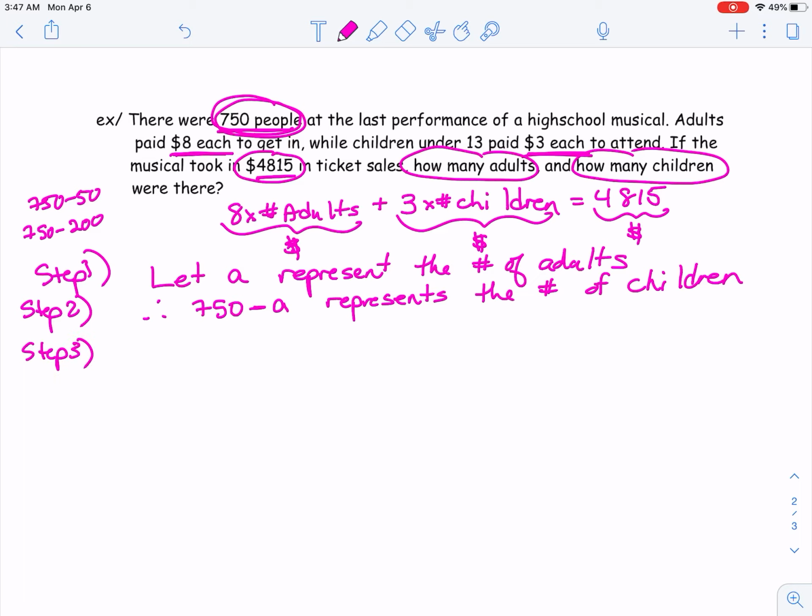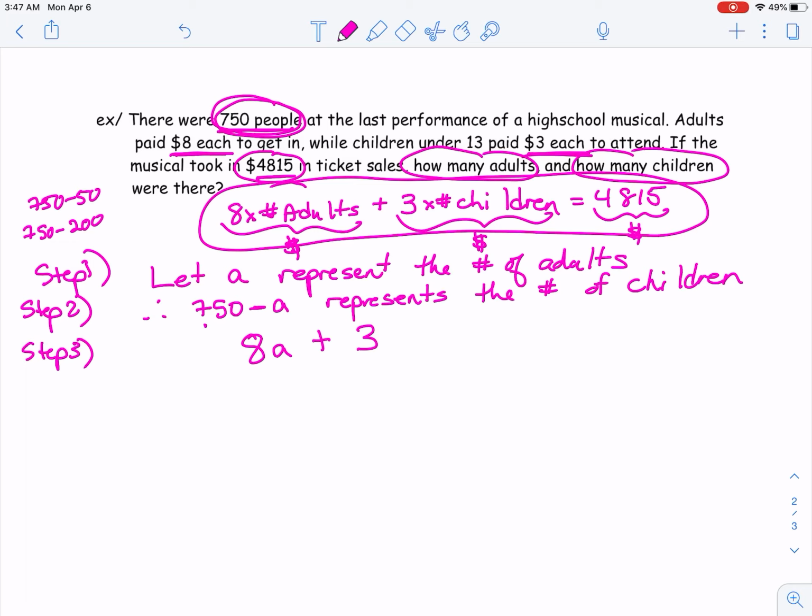So from up here, we want 8 times the number of adults, so that's 8a, plus 3 times the number of children, but the number of children is 750 minus a, and that would have to equal 4,815.